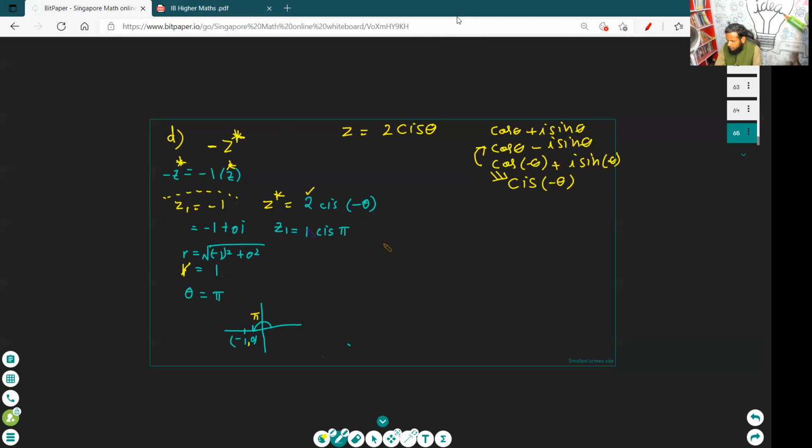And then I multiply it, right? Just multiply them. So then it would be 1 cis pi, multiplied by minus z star. You should put all in brackets, okay?